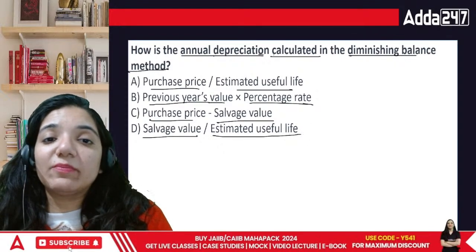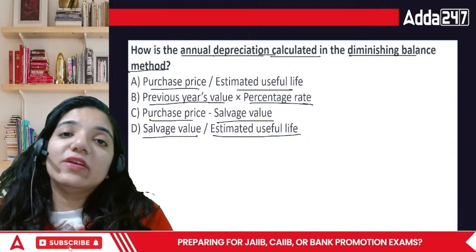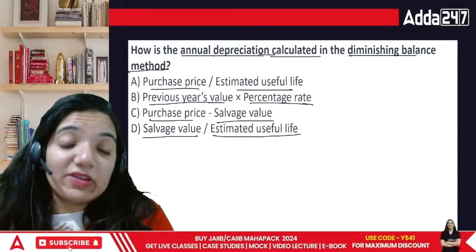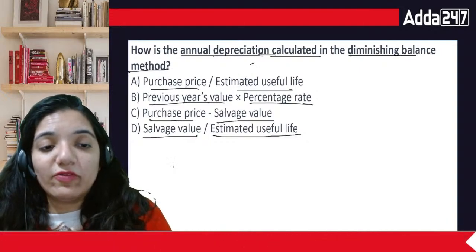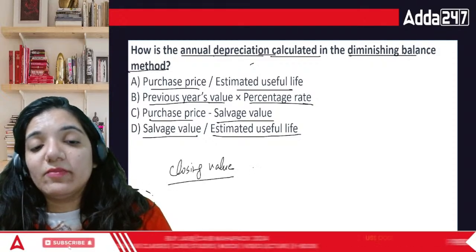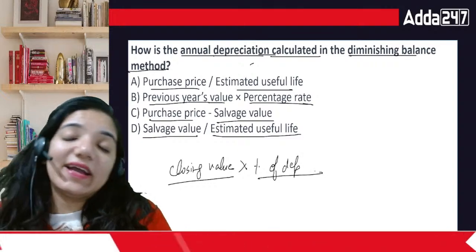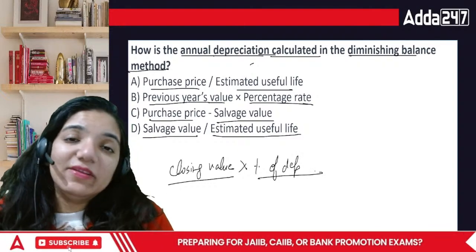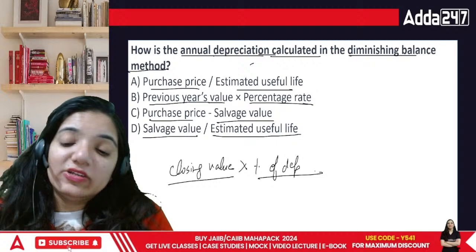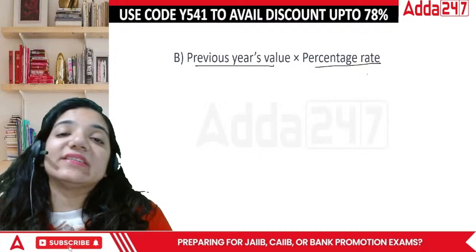When we talk about annual depreciation in WDV, whatever your closing value of the previous year is, you will always take the closing value and multiply it by the percentage of depreciation. The rate remains the same, the value keeps on changing after every year. So depreciation overall will vary.